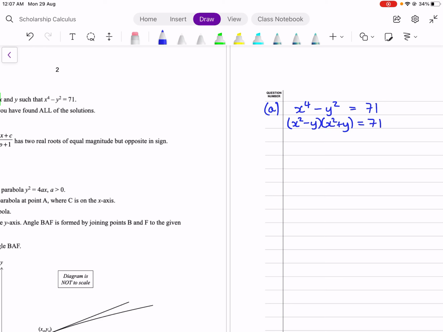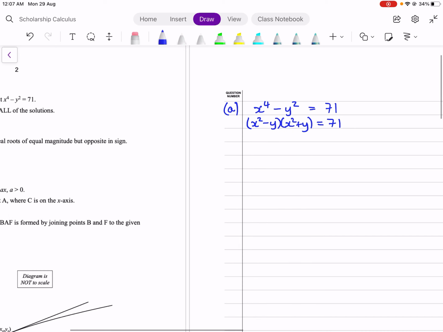Normally when we solve problems that involve quadratics, we make it equal 0 first. The reason for that is for something to multiply to make 0, one of the factors would have to be 0. But in this case, it's equal to 71, which is prime, and x and y are integers. And if x and y are integers, then the brackets that I've got here, x squared minus y and x squared plus y, they're also integers.